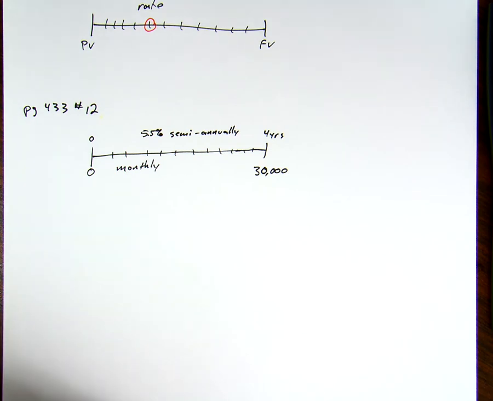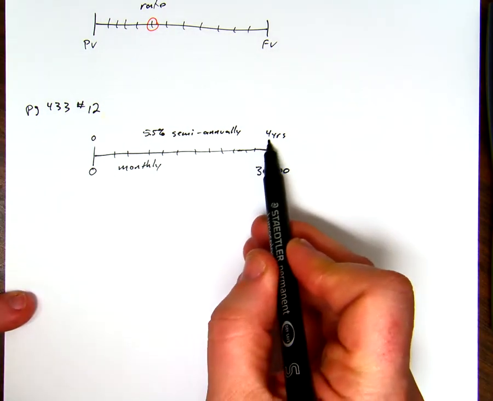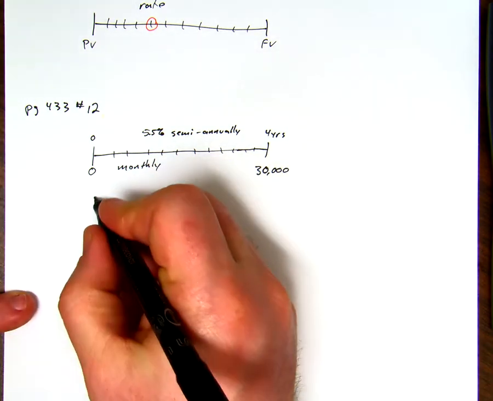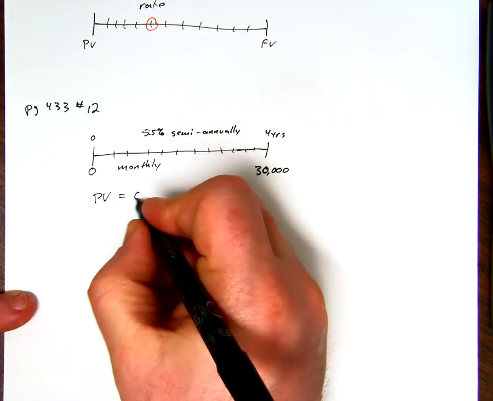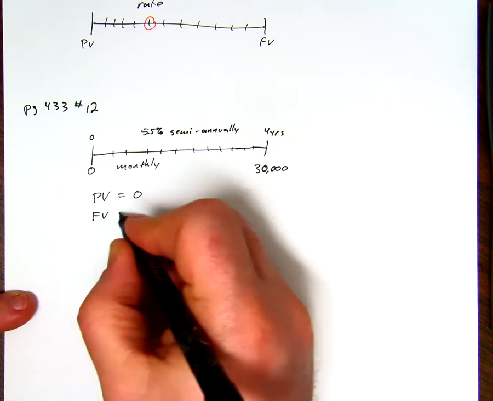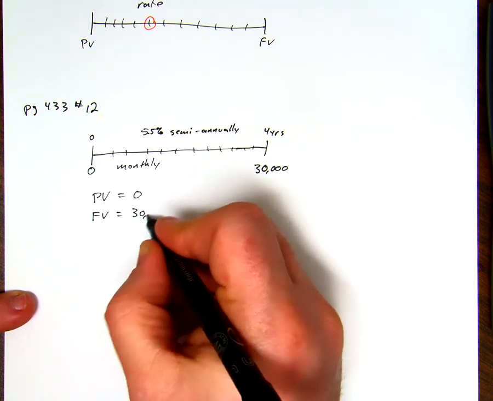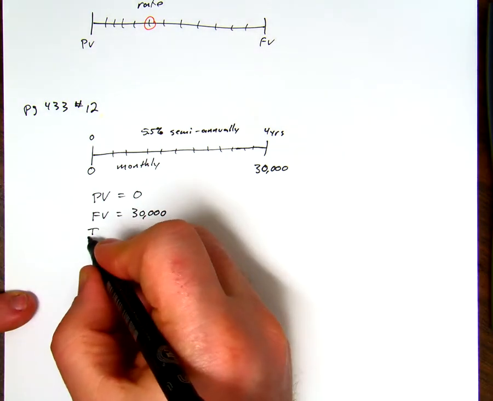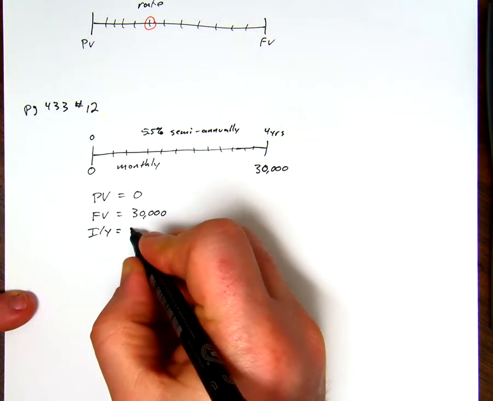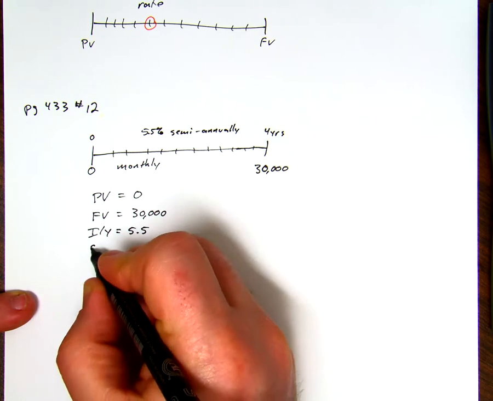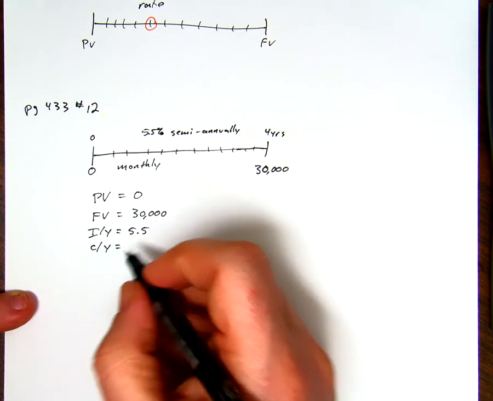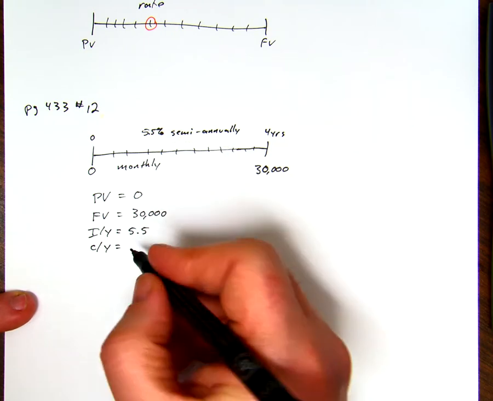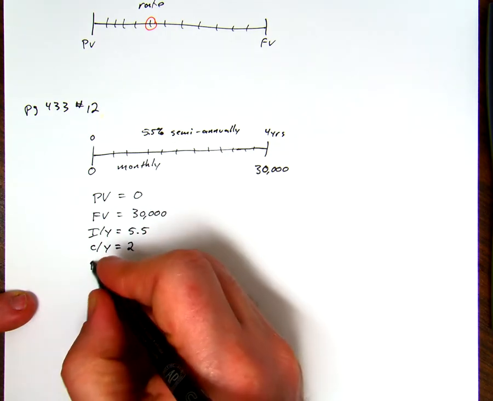So we're going to take the monthly payments and the 4 years to determine N. We have a present value, which is 0, and a future value, which is $30,000. That's our goal. We have an interest rate of 5.5. Compoundings per year, semi-annually, so twice a year, 2.